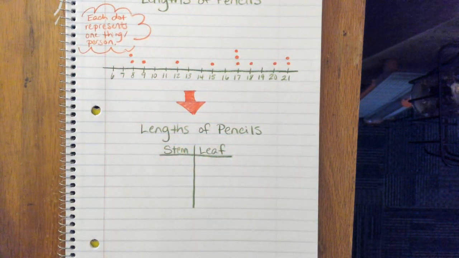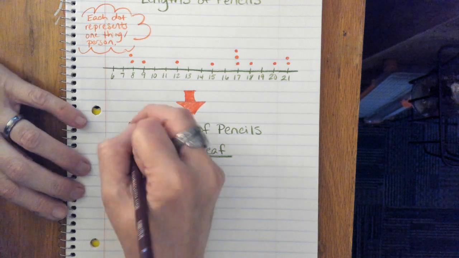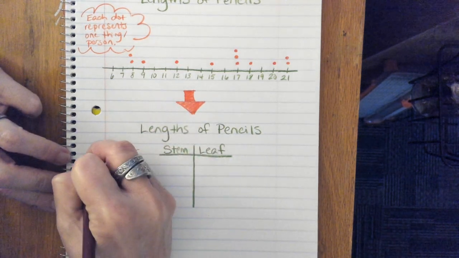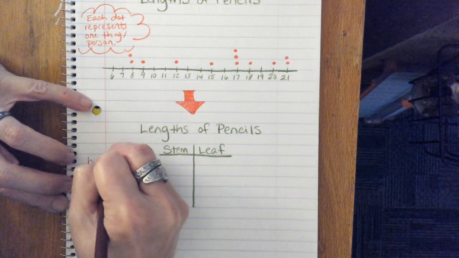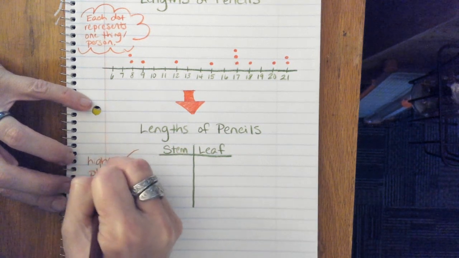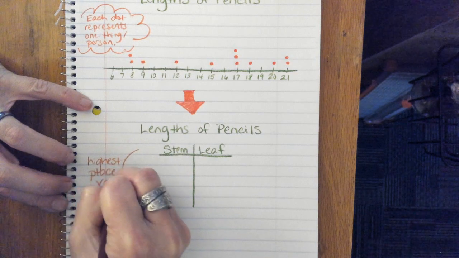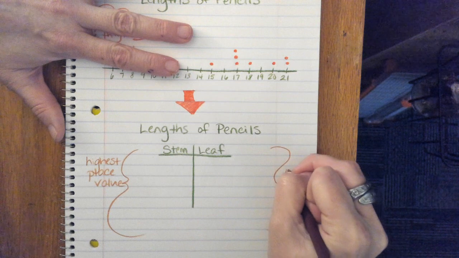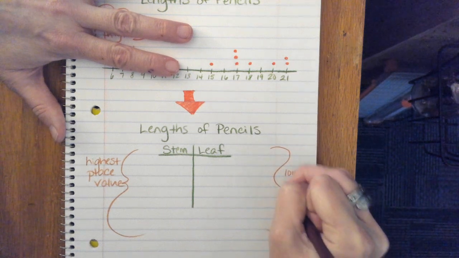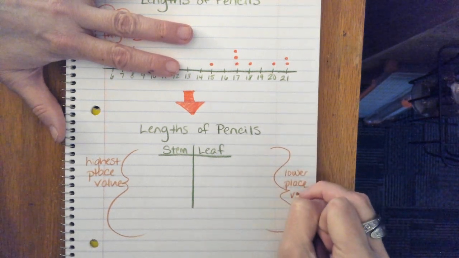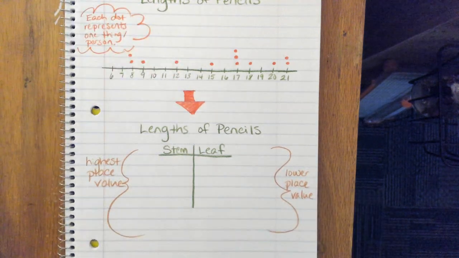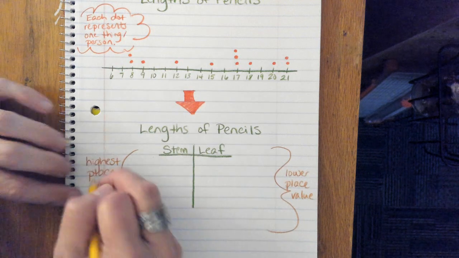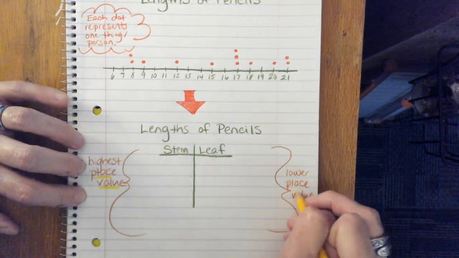And the stem side represents the highest place value. And the leaf side represents the lower place value. So stem and leaf plots really have a whole lot to do with place value.